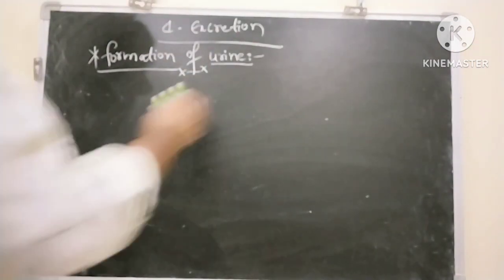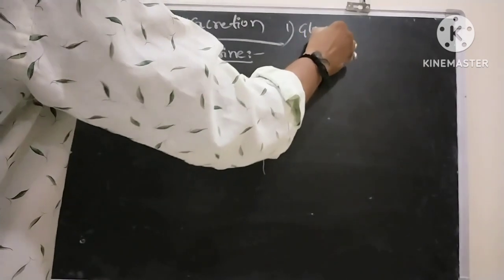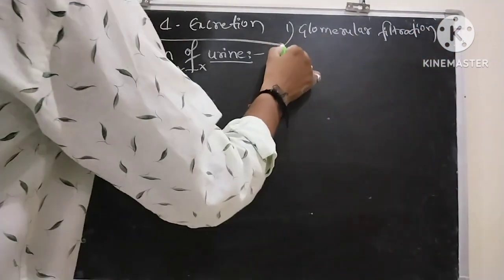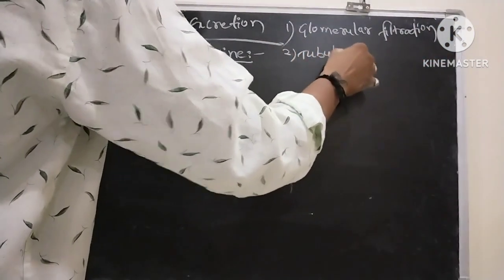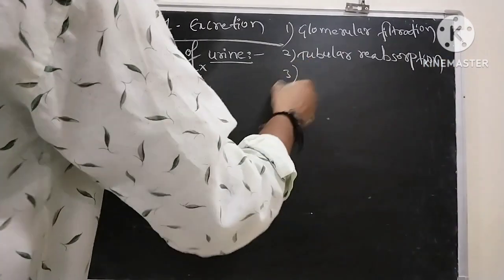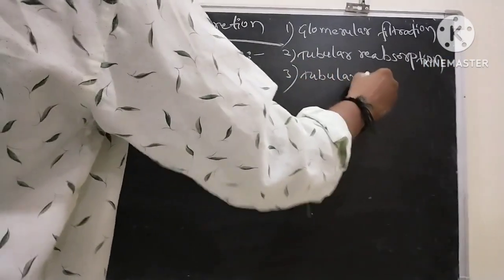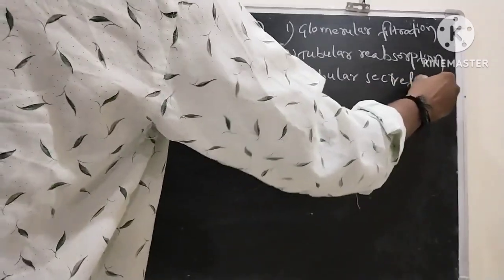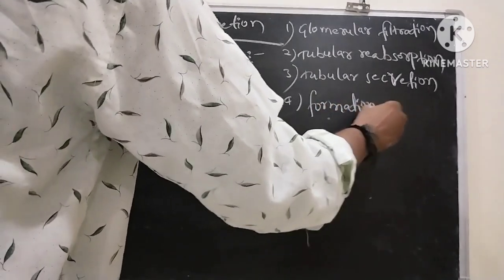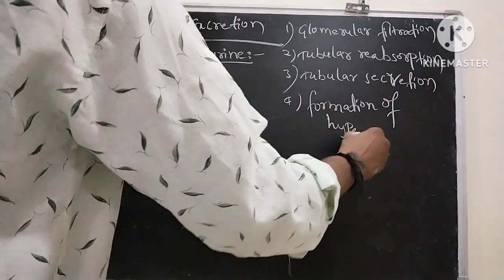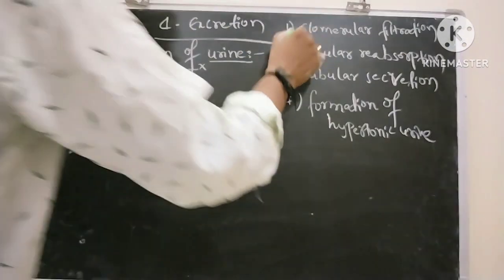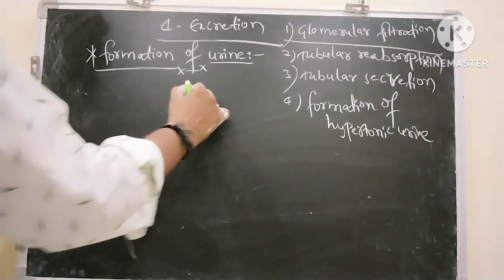One is the glomerular filtration, two tubular reabsorption, third one tubular secretion, and four formation of hypertonic urine. So these are the four stages, and we will discuss about the first stage, glomerular filtration.